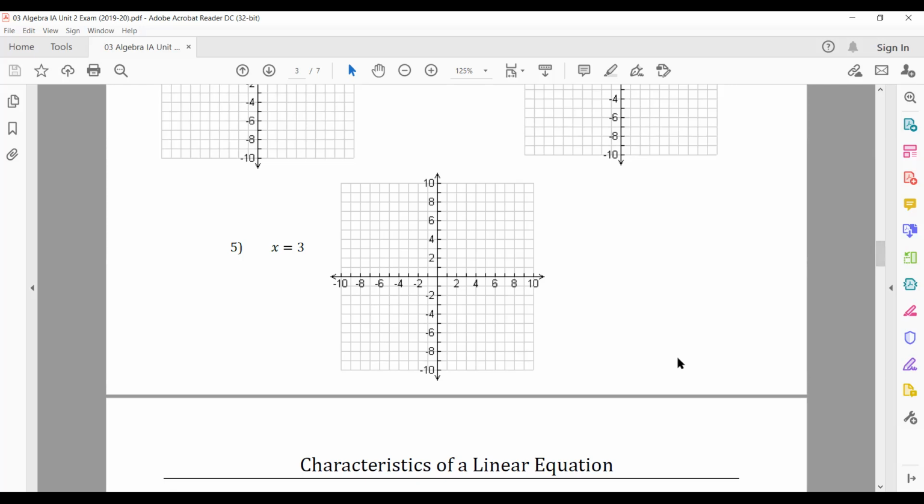It's going to use all the y values, but the x value is only going to be 3. And that actually is not a function. Vertical lines do not represent functions. They won't pass the vertical line test, and it's the same x value over and over again.